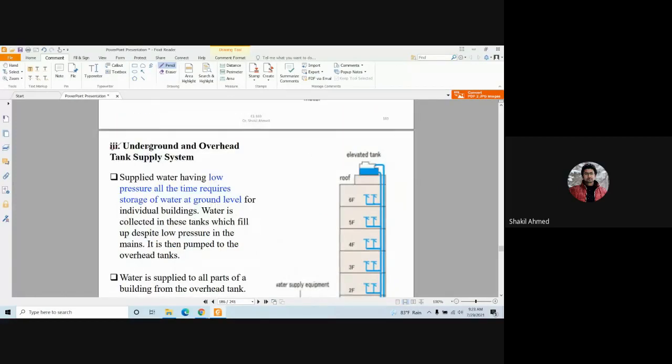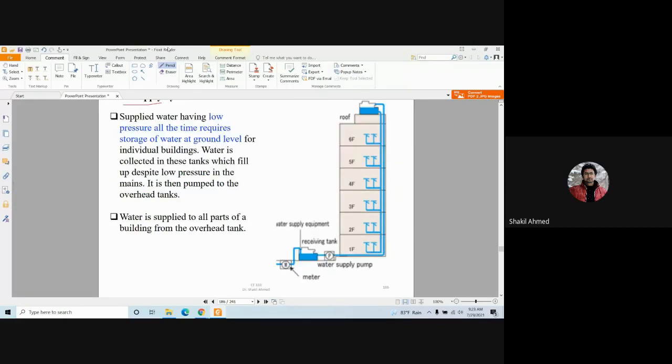Number 3, underground and overhead tank supply system. As I told you, for example, you do not have 24-hour service, not all the time. For example, 10 hours or 15 hours. In that case, you have an underground water tank.